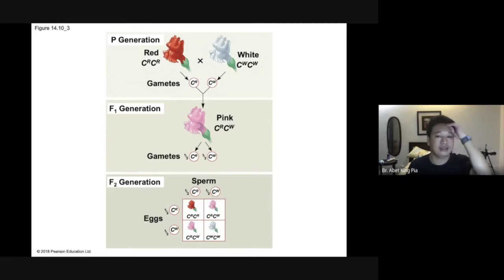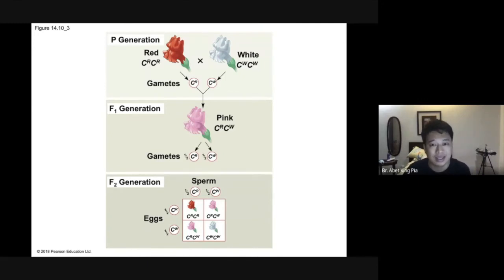So and you have now the gametes of the first filial generation, which is as you can see, CR and CW. Now, may iba't ibang way. There are different ways on how to write the genotype. But we are going to follow what your book suggested, na may superscript, naka-superscript yung talagang gamit or yung genotype ng mga kinocross natin.